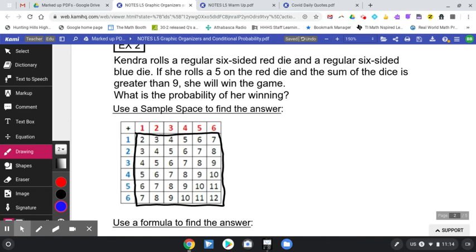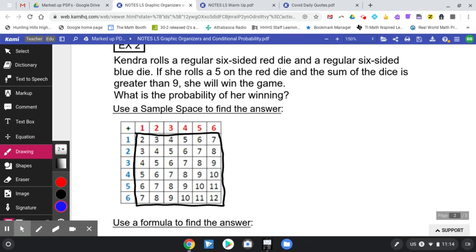All right, so Kendra rolls a regular 6-sided red die and a regular 6-sided blue die. If she rolls a 5 on the red die and the sum of the dice is greater than 9, she will win the game. What is the probability of her winning?